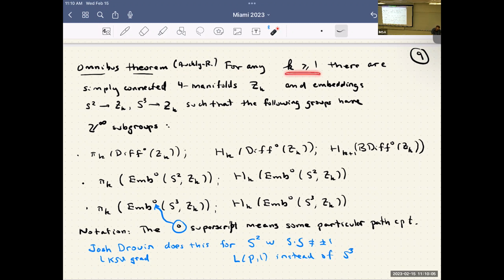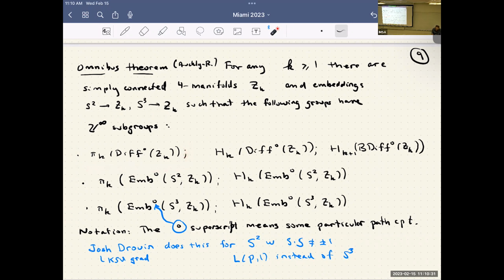So for any k, at least one, there's a simply connected four manifold, and there are lots of them. There are particular embeddings of the two-sphere or three-sphere, and all of these different groups have infinitely generated subgroups, and for some of them you can prove they're actually sums of copies of Z/n, so we get some extra information about the group theoretic structure.